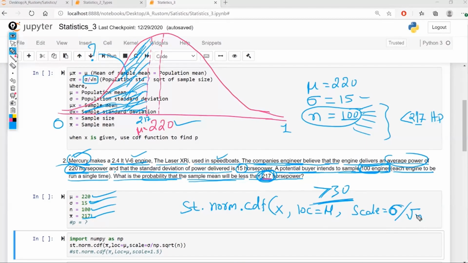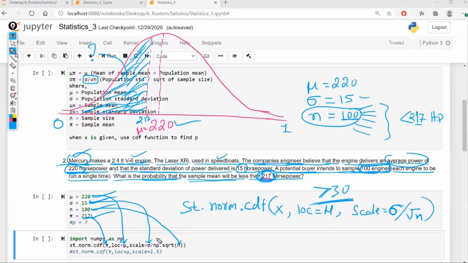We know n is 100, so I can plug in all this data: x, mu, the standard deviation of the population, and sample size. I'm using np.sqrt, which will take care of the square root.